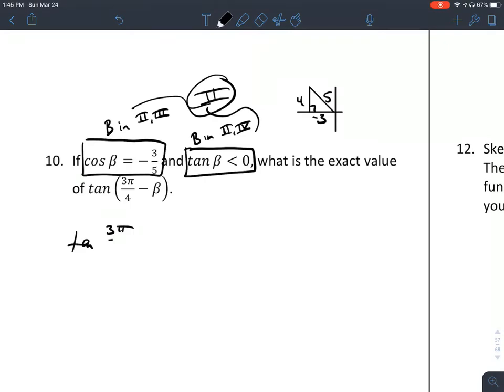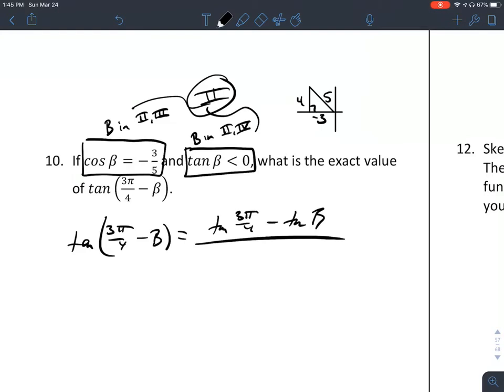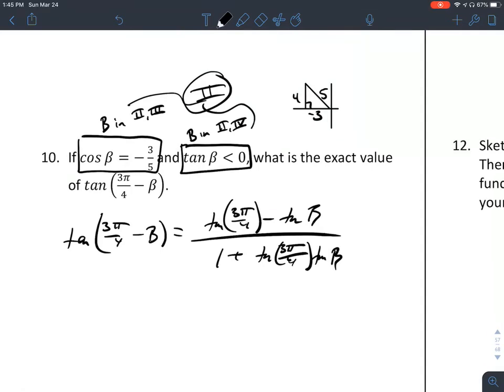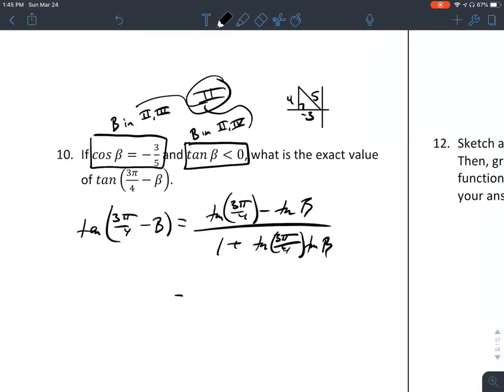Tangent of 3 pi over 4 minus beta is going to equal tangent of 3 pi over 4 minus tangent of beta divided by 1 plus tangent of 3 pi over 4 times tangent of beta. Tangent of 3 pi over 4, that's a 45, 45, 90. Both x and y are the same value. One's positive, one's negative. It's in quadrant 2, so that makes that -1.